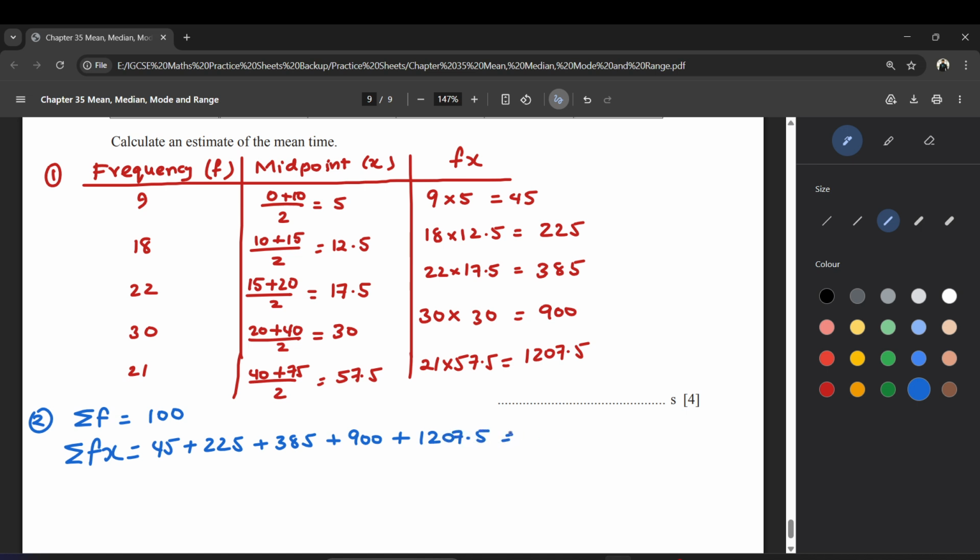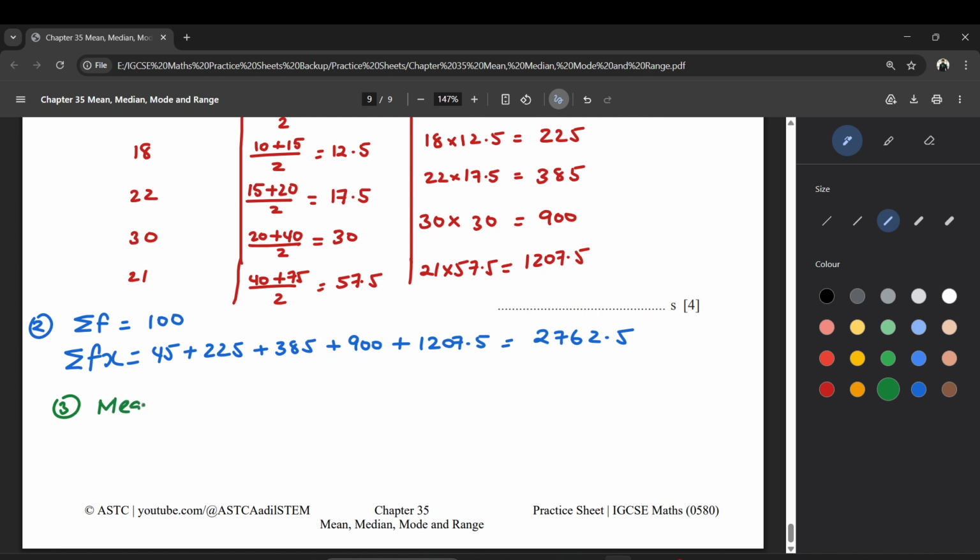So you add them all up, and that gives us 2762.5.